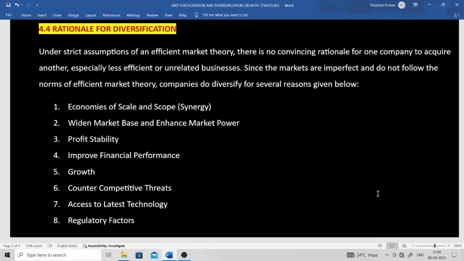Under strict assumptions of efficient market theory, there is no convincing rationale for one company to acquire another, especially a less efficient or unrelated business, because the existing firm may acquire a loss-making firm, which is not profitable if the market is working efficiently.